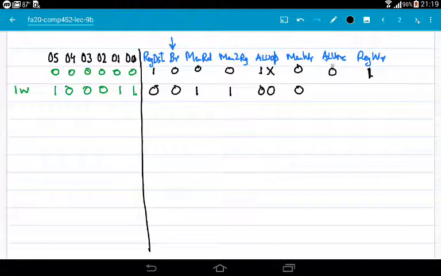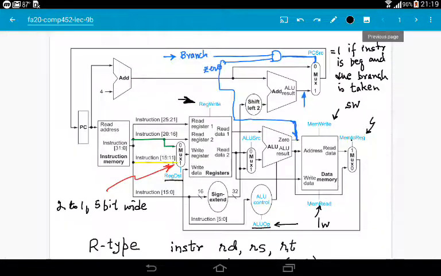And now let's take a look at ALU source. Okay, what should be the value of ALU source? It should be 1. Why?